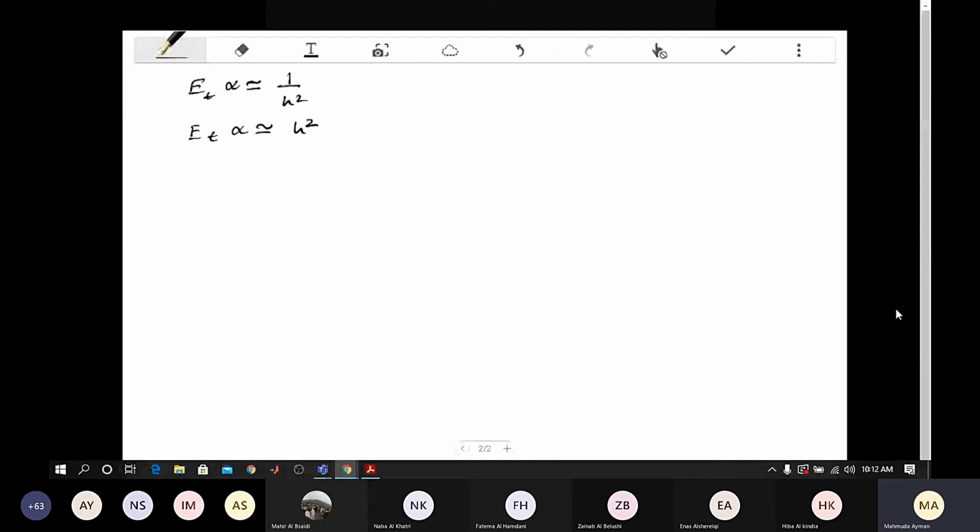So the exact true error for multiple segment trapezoidal rule can be written as, maybe I'll just write that down.